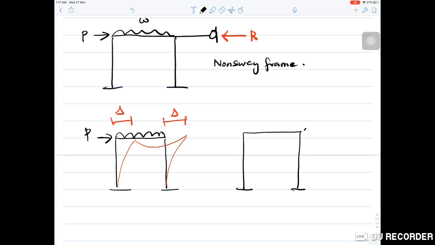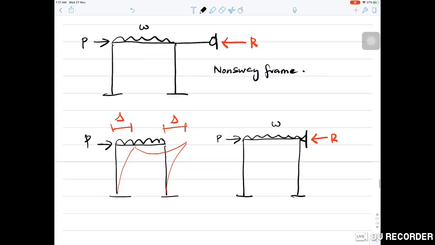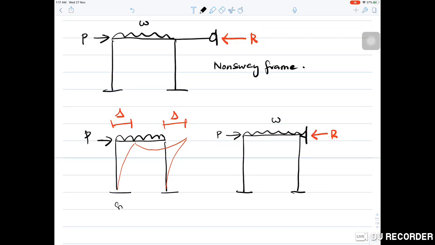Pin or roller doesn't matter, in order to bring R like this. So this is also called properly restrained. This one is sidesway, but this is non-sway.